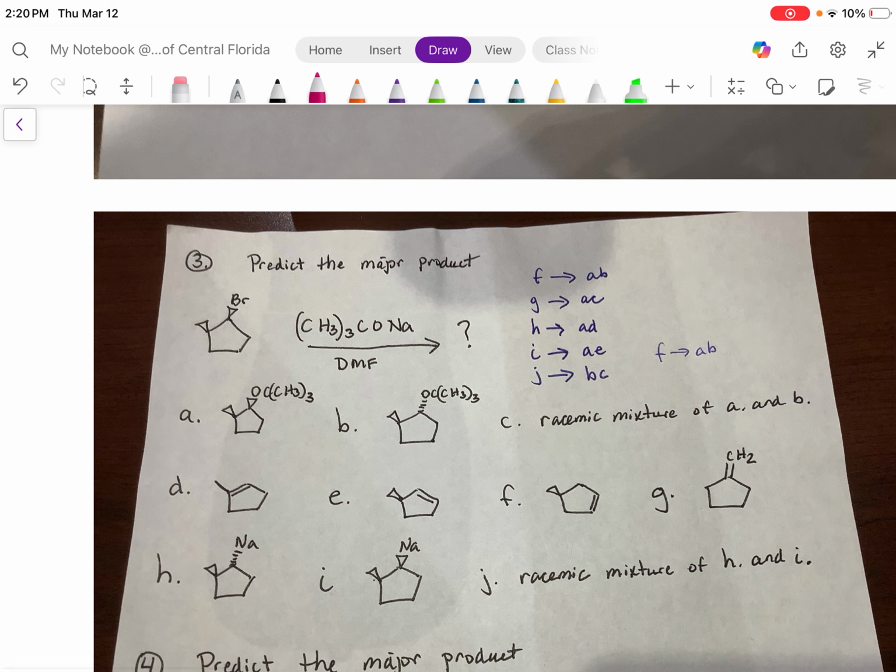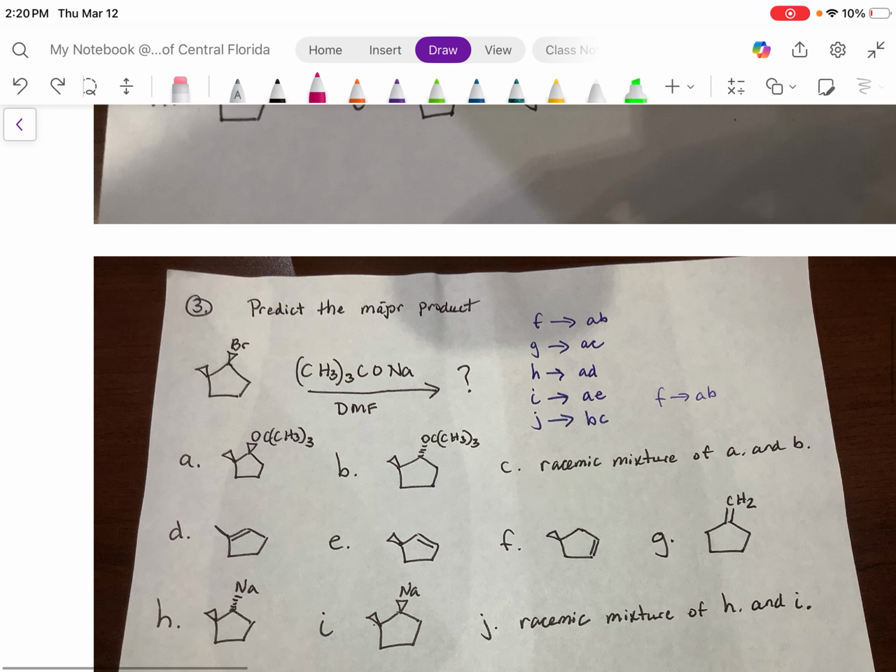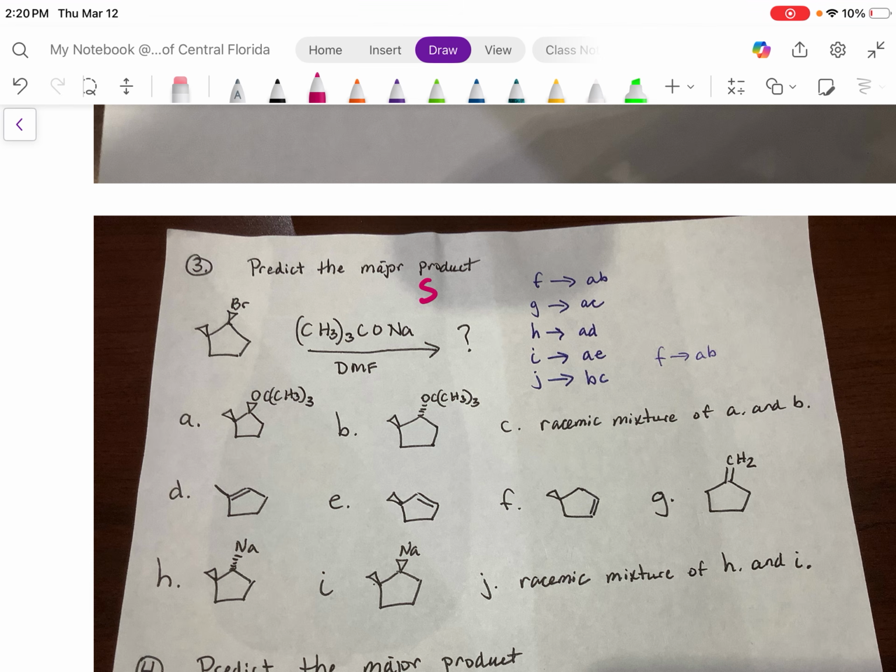So now we come back to what looks like a similar problem, but look at the difference. The leaving group is on a dash versus a wedge. So steps 1 through 3 all check out. It's the same problem except for the stereochemistry of that stereocenter right here.